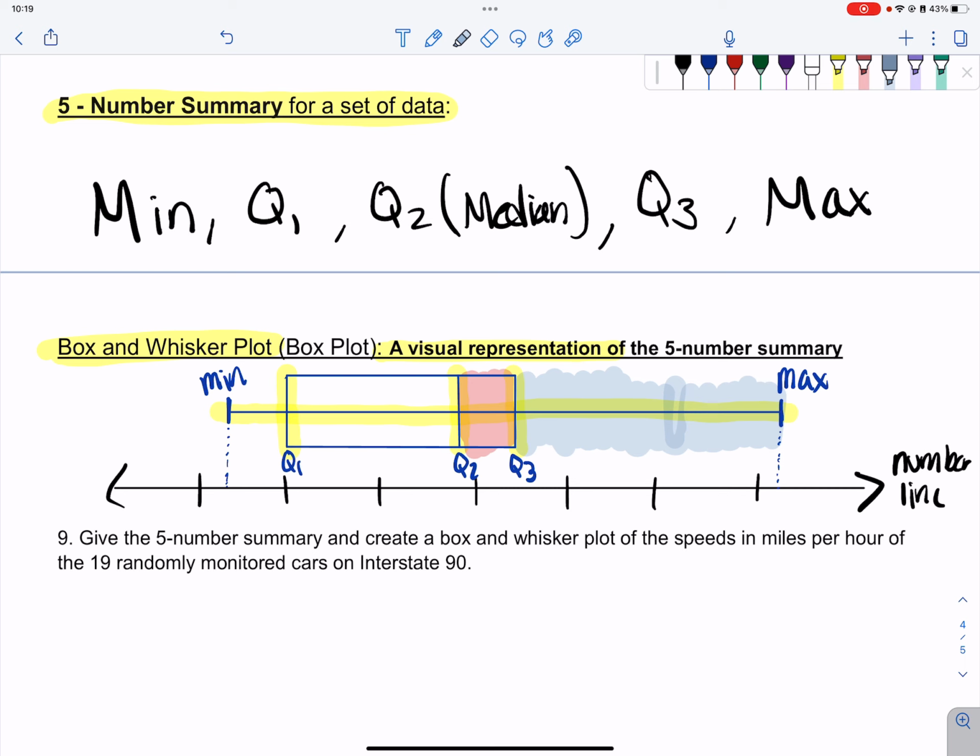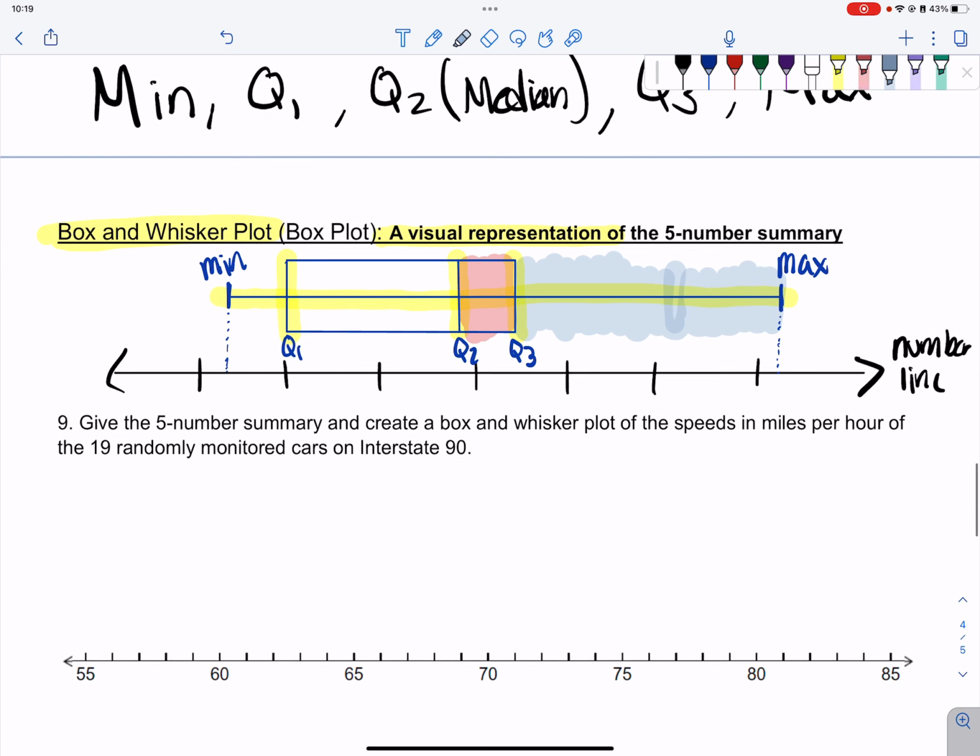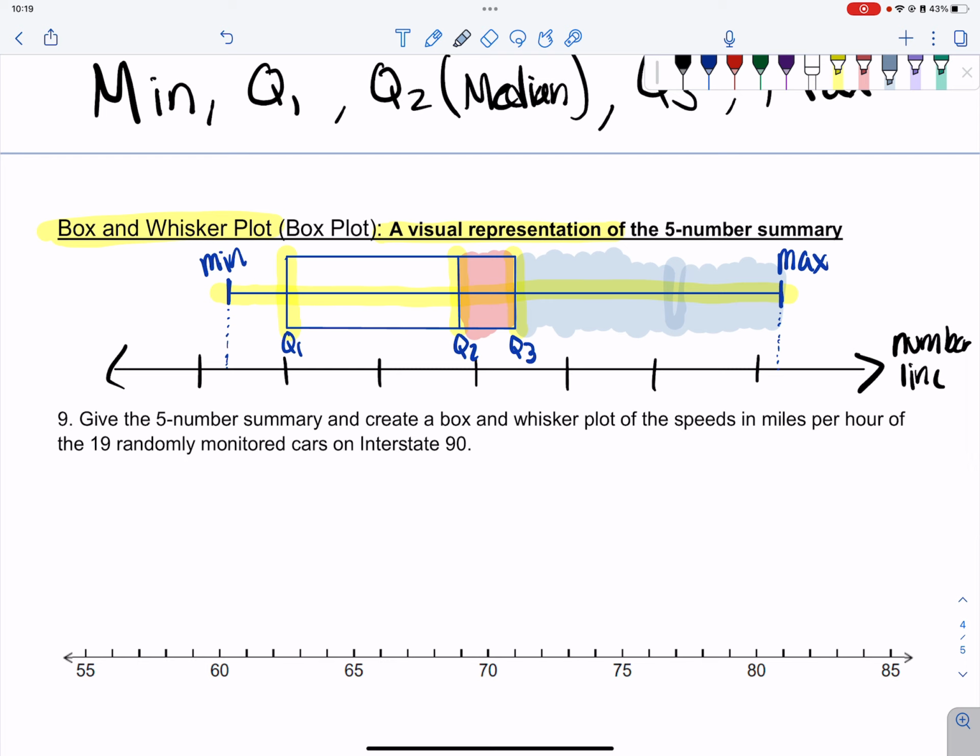So now let's work through the example here to create the box and whisker plot for our 19 randomly monitored cars on I-90. So we have some information that we already found in the last video. We found that Q1 was 66, Q2 was 71, and Q3 was 75.